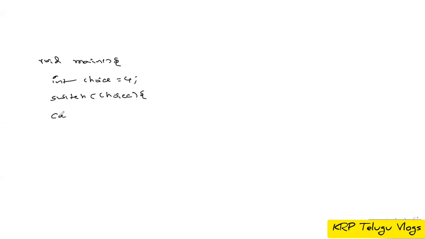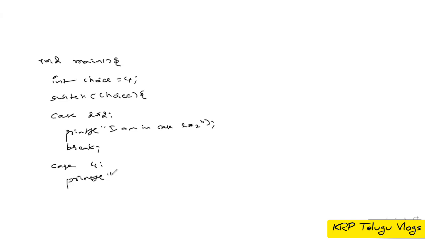Case 2 into 2: printf, case 2 into 2. Break. Case 4: printf, case 4. Break. So where will it go now?